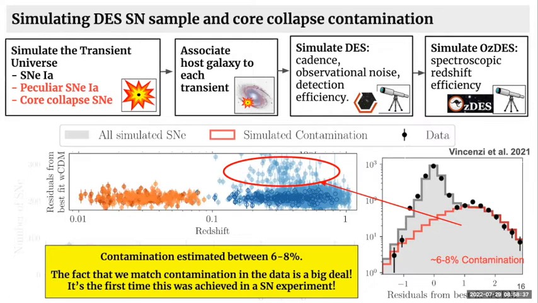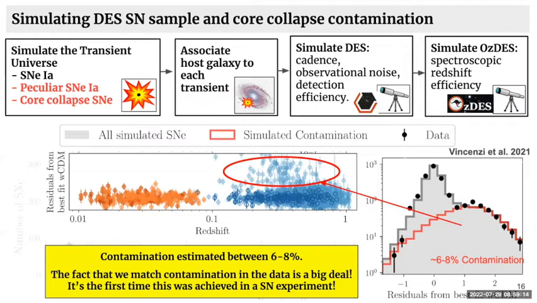If you had spent 3 years of your PhD on a sample that only has supernovae Ia, the residuals from the best fit cosmology should just look like one single bump, very symmetric. But if your sample is contaminated, one of the most peculiar signs of the presence of contamination is that you have this second bump of faint core collapse supernovae that have positive Hubble residuals.